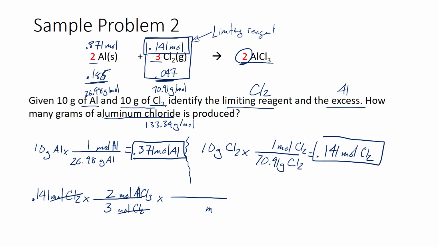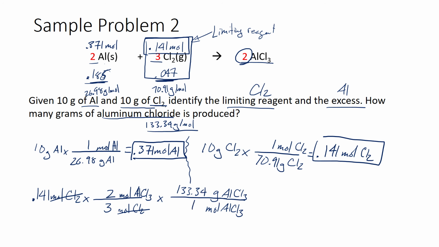Let's convert out of the moles of aluminum chloride and into grams of aluminum chloride. And I know that each one weighs 133.34 grams, right? Every 1 mole of aluminum chloride weighs that much.